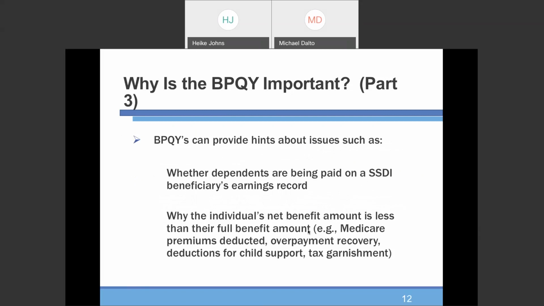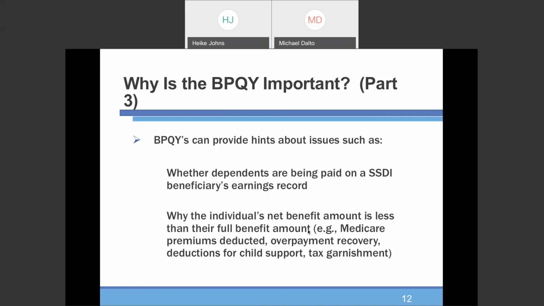So BPQYs can provide some helpful hints about a variety of issues. First, for somebody who gets SSDI, they can provide hints about whether there are dependents, dependent children, dependent spouse, who are receiving benefits on the same earnings record as the person who's getting SSDI on their own record.